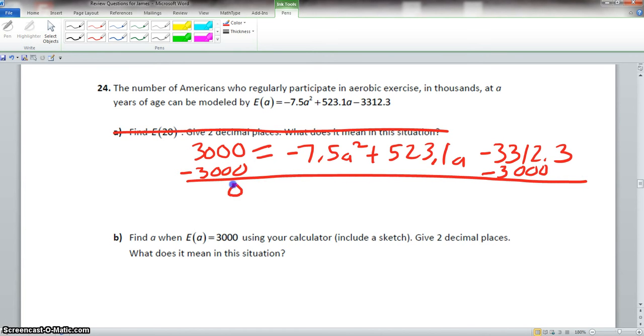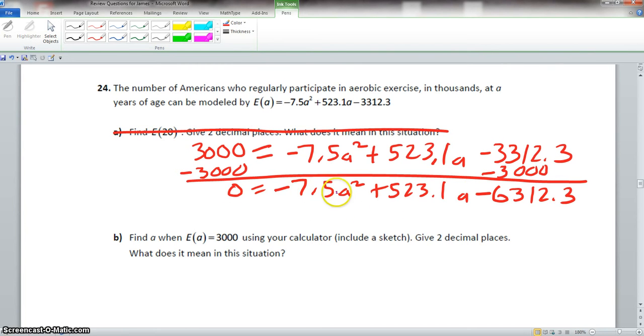And we would have 0 is equal to negative 7.5a squared plus 523.1a, and then this would be minus 6,312.3.